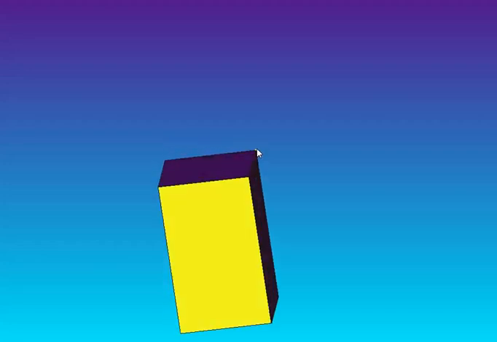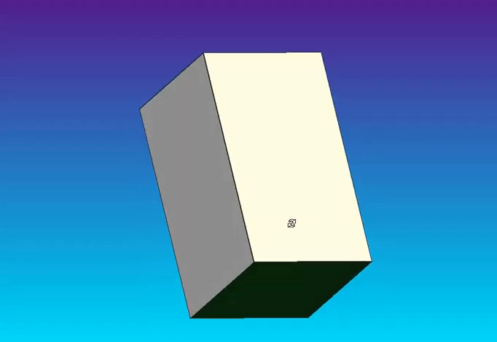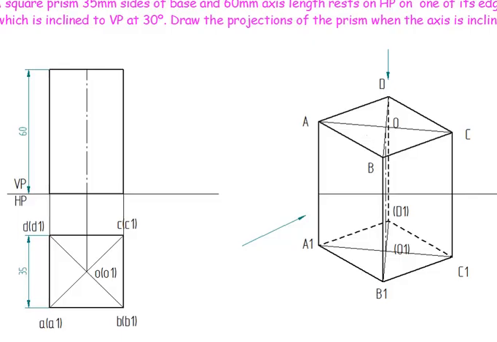So if I'm going to see the view, this is the A point, this is B point, C is not seen, D is not seen in front view. Similarly, the corresponding point is A1, B1, which is seen, but C1 is not seen, D1 is also not seen in front view. So here I'll be keeping the annotations on VP.